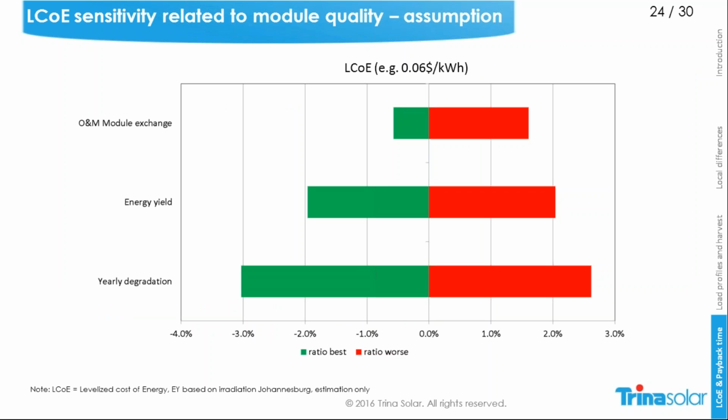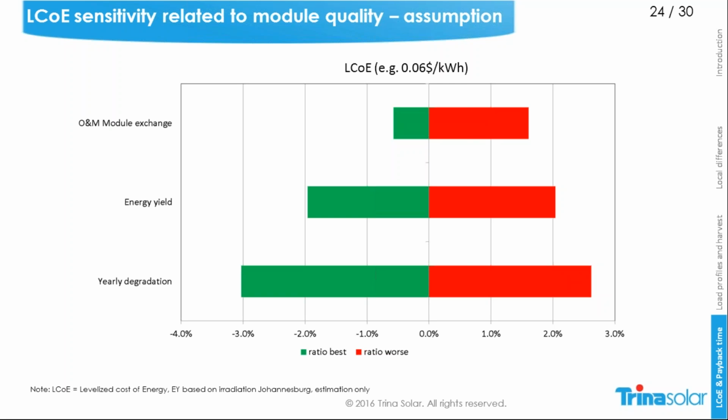First, I want to show you some sensitivities. So if you have, for example, a benchmark or a default LCOE of approximately $6 per kilowatt hour, and for example, in terms of quality, if you're using extremely cheap modules, then you might have an increased exchange rate because you have more defective modules.